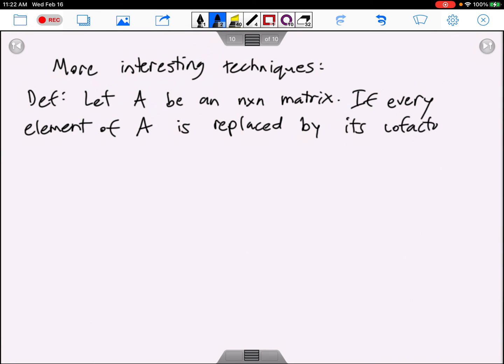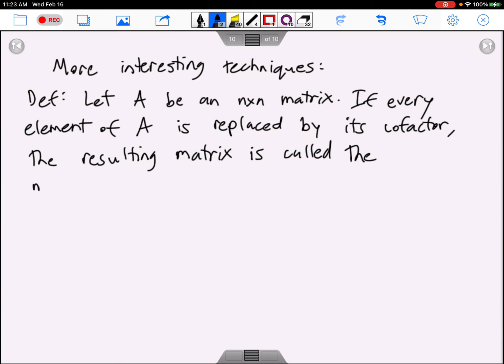by its cofactor, the resulting matrix is called the matrix of cofactors.